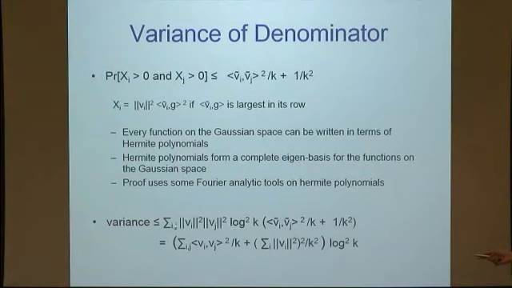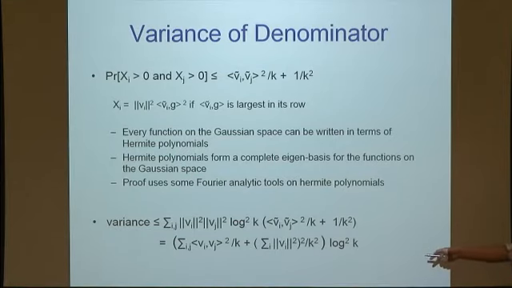But anyway, let's assume this and try to finish the proof of the variance. So I had the norm of vi squared times vj squared times log squared k times this term over here. Rearranging the summation, I can write this as the inner product of vi vj, whole squared, divided by k, plus the summation over i of the norm of vi squared, whole squared.